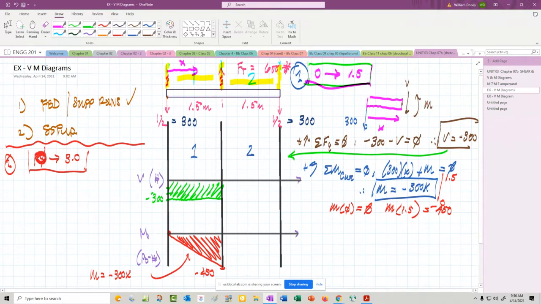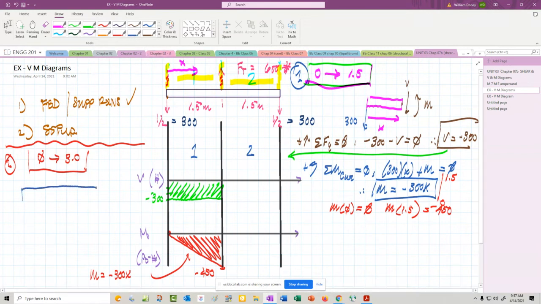So I should make that, actually it goes from 0 all the way to 3. I'm going to redo that. When I said 1.5 to 3, I was meaning that it is looking at what's happening between 1.5 and 3, but we still have to make that section the entire length.